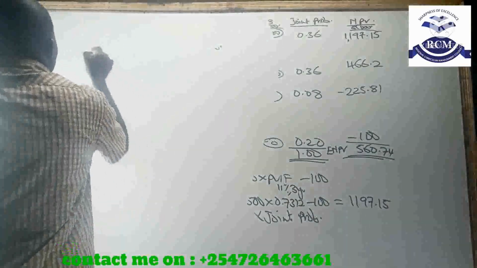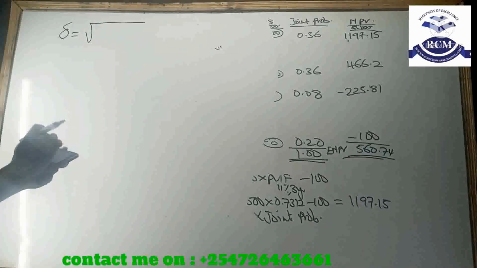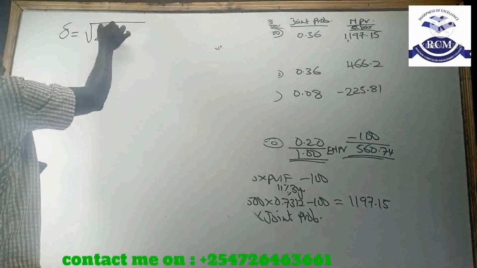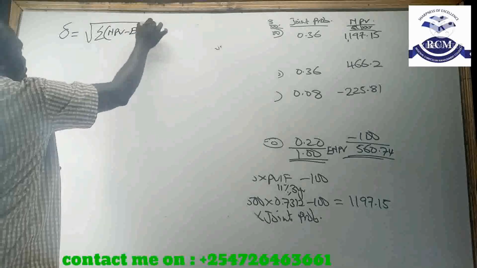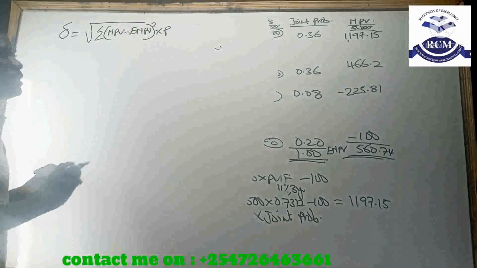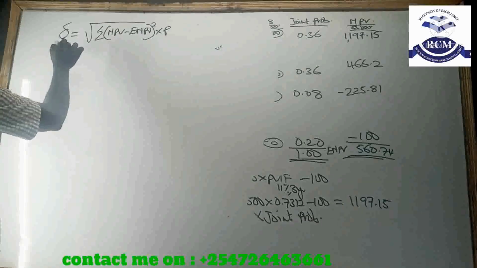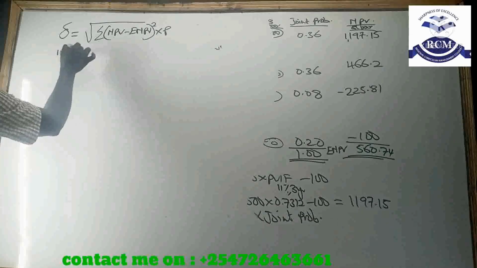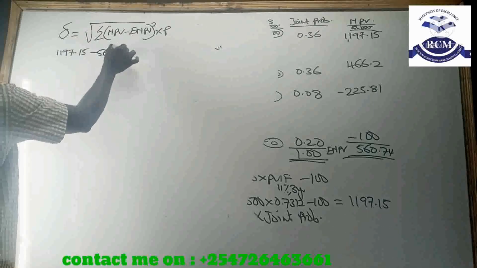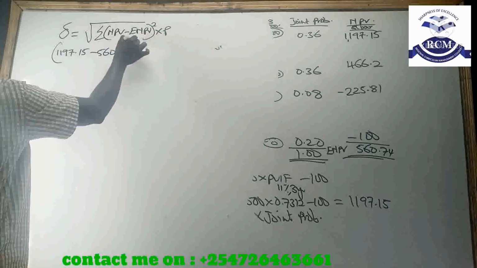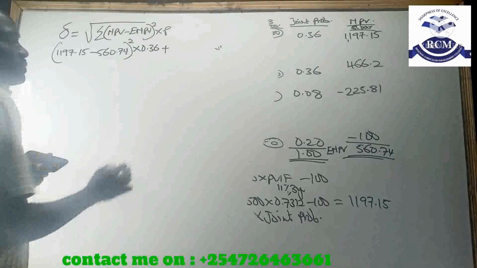we know that standard deviation equals the square root of variance, and our variance is the summation of NPV minus expected NPV squared times the probability. So the first NPV is 1197.15 minus expected NPV of 560.74 squared times the probability of 0.36.